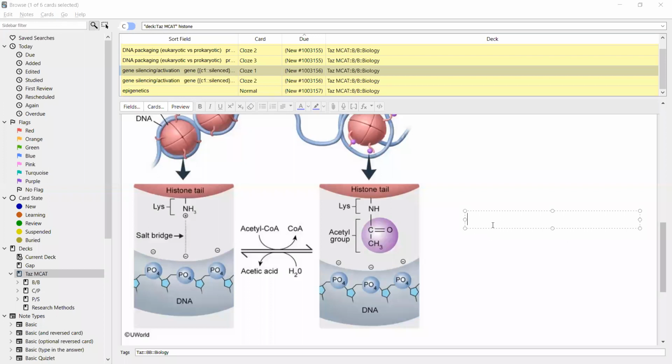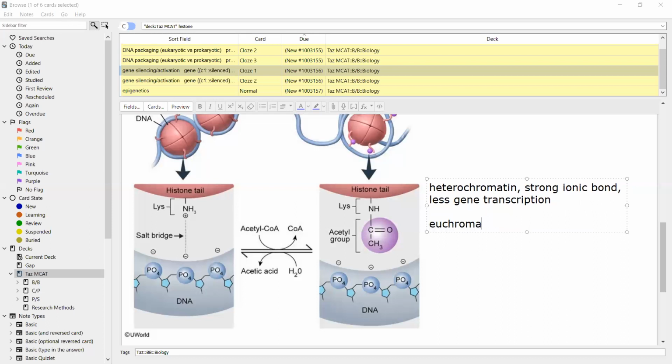So originally, for heterochromatin, we have a strong ionic bond, which is leading to less gene transcription because it's so wound up, and we can't access it with the DNA polymerase.